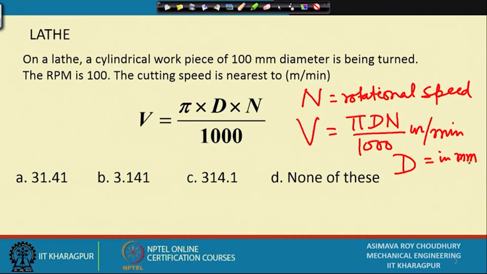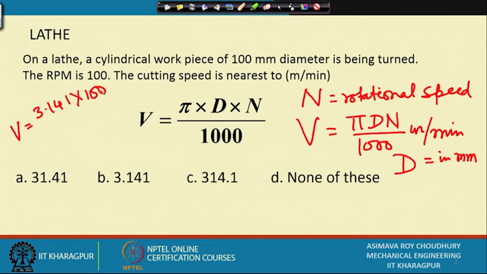So, in that case we can quickly calculate this velocity will be equal to 3.14159 etc. So, those things we neglect. 3.141 into what is the diameter? 100.